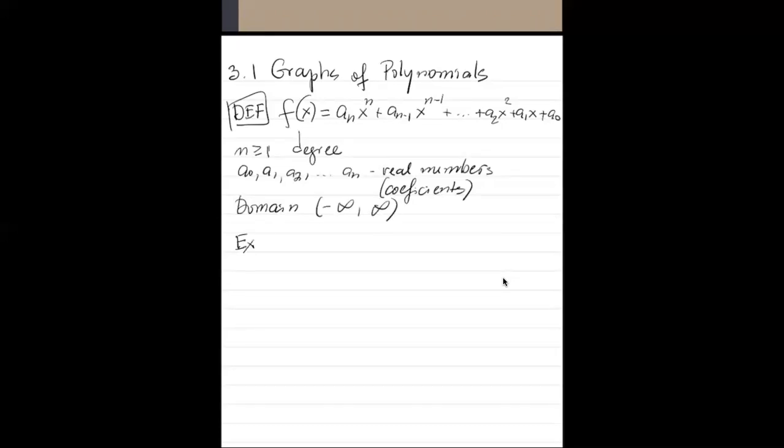Now let's look at some examples and determine if the following functions are polynomials.